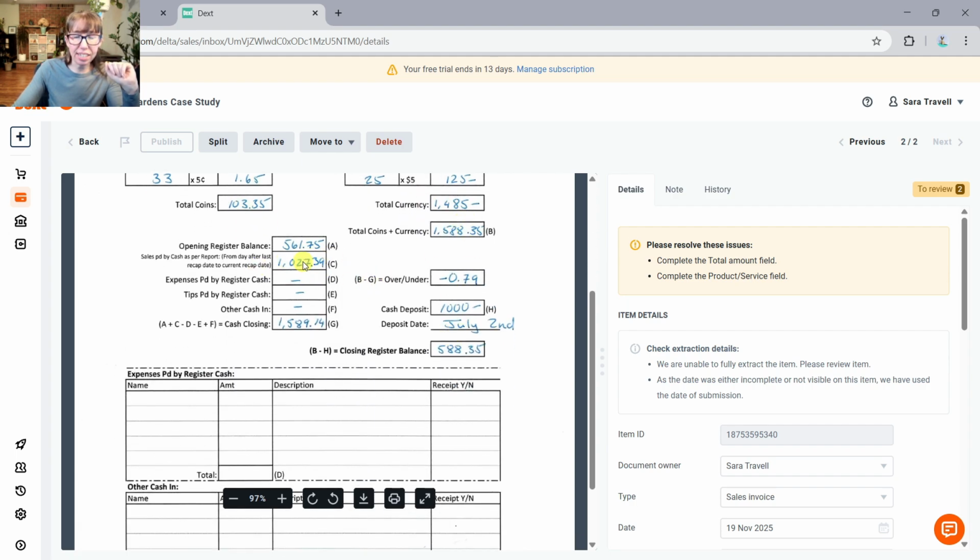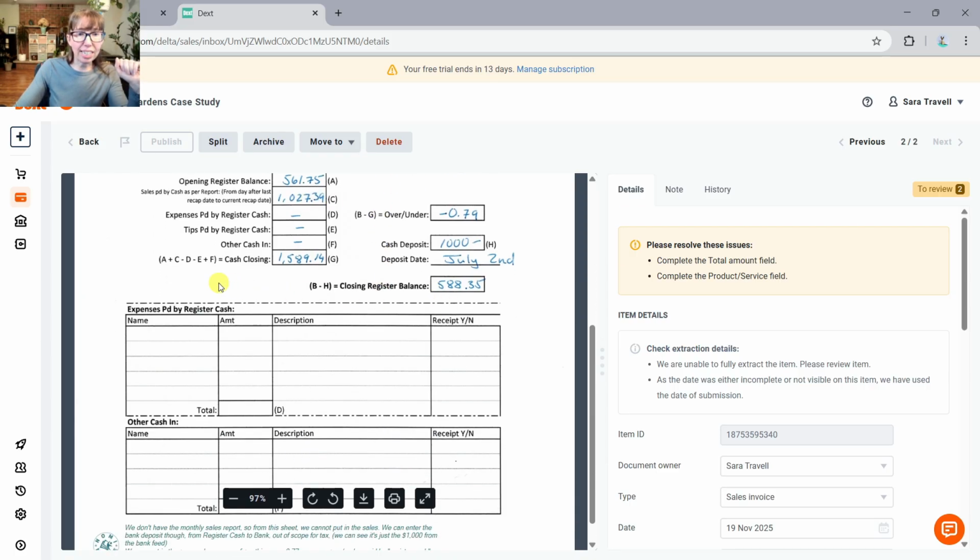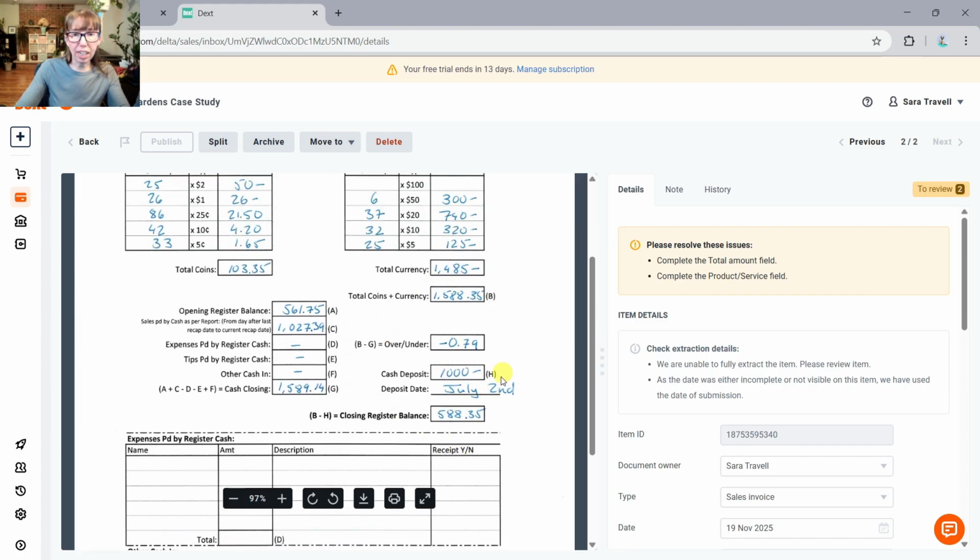This is the sales as per how much was paid by cash for the week for those sales from the Shopify report. She hasn't been giving them to us weekly, just the monthly ones, but she uses them with her register reconciliation. We can see that there's no receipts paid by register cash, no other cash coming in. So what we're looking at really is just the over/under and that cash deposit.